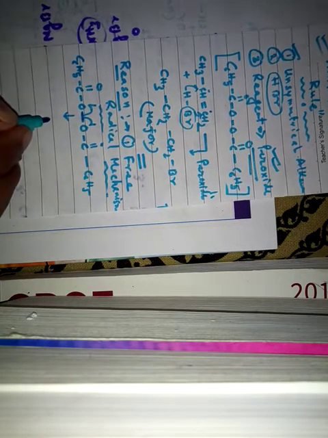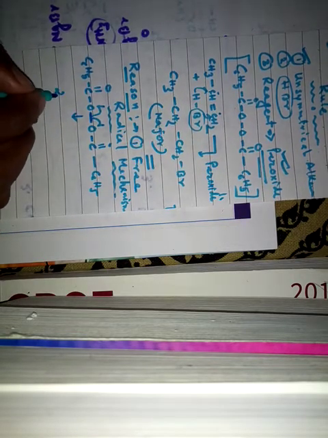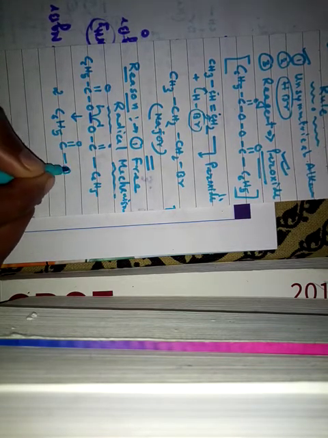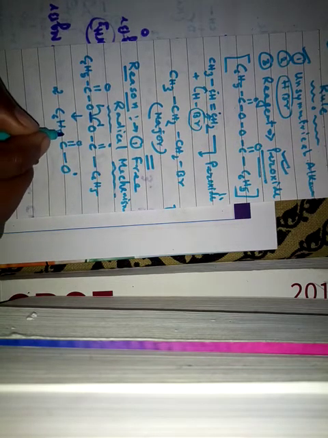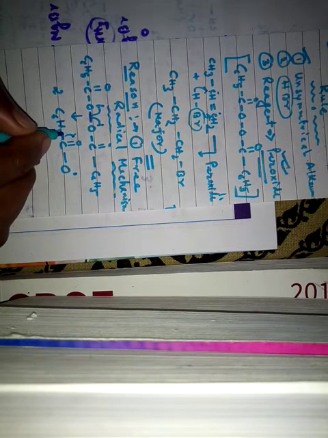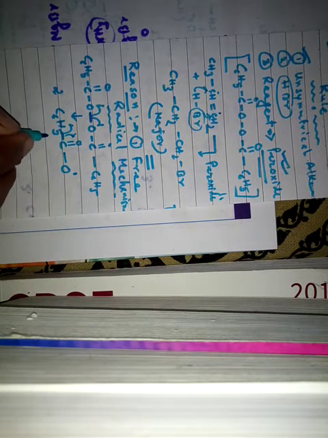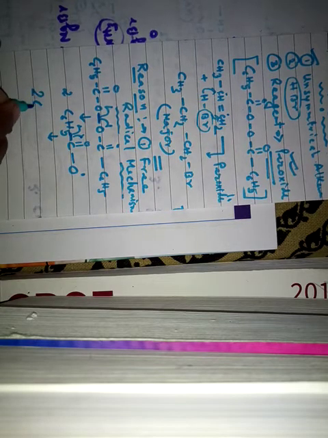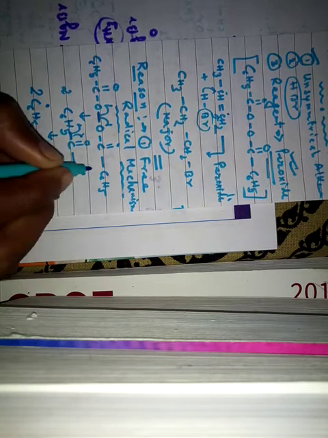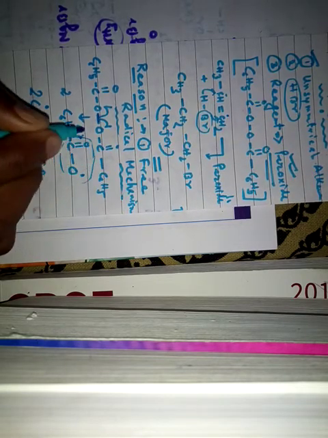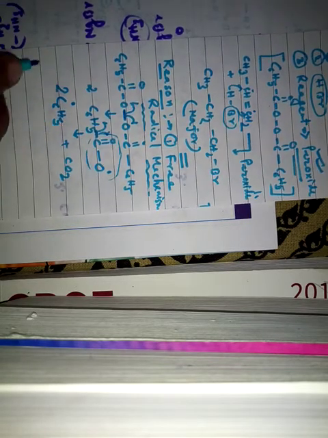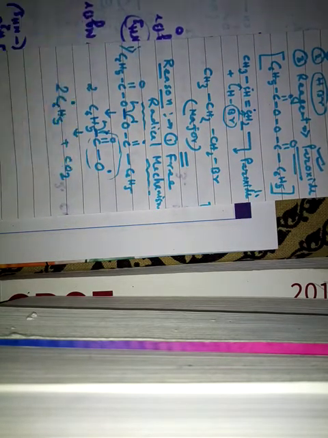So in the first stage of the reaction there will be two C6H5C(=O)O dot radicals. In the next step there is bond cleavage in this place, and the next product will be 2 C6H5 dot plus CO2.